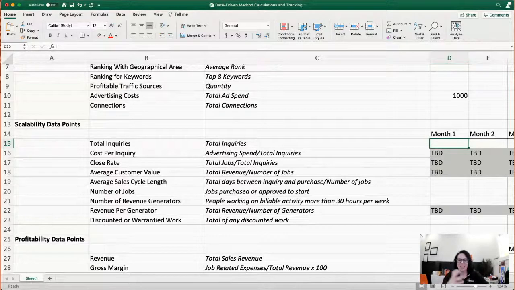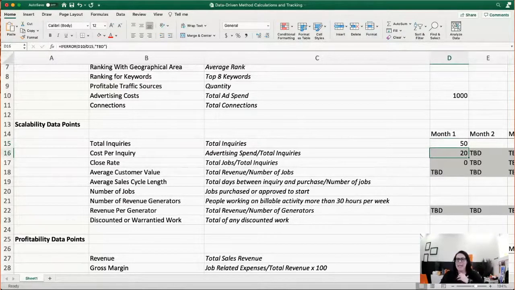It's the escalation from someone knowing you exist to actually inquiring about your service or products. If you book calls, if that is the sequence to book a service with you, it would be the total number of calls in a month. Or if you have an appointment request form on your website, how many submissions to that form did you get? So let's say we got 50.